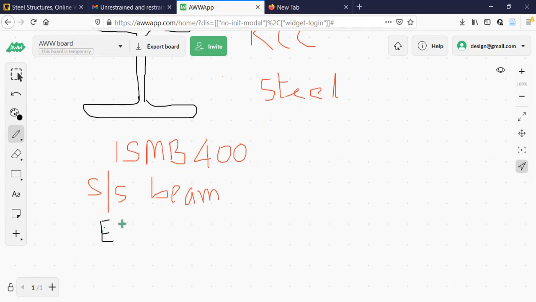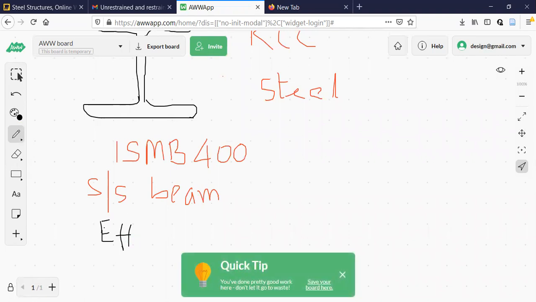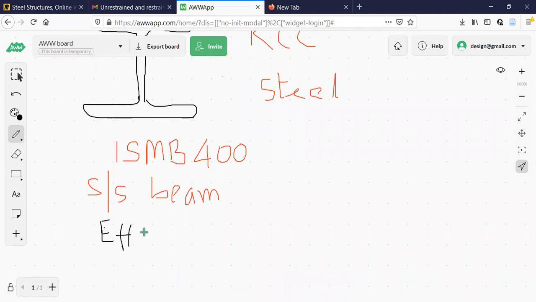So usually we don't go into the intricacies of clear span, effective span, all those things. It is a waste of time. Let us say the effective span is 4 meter.